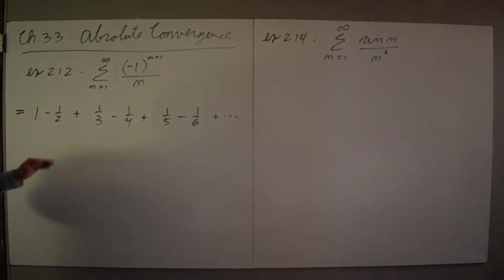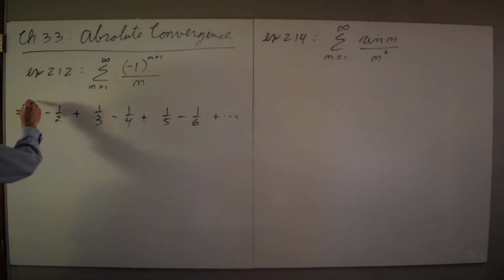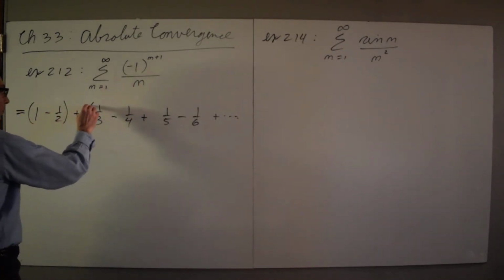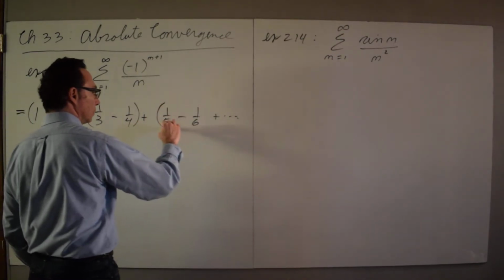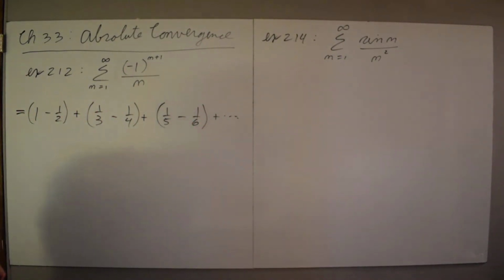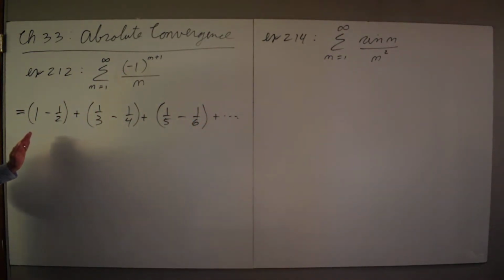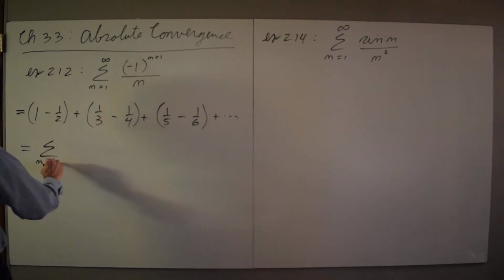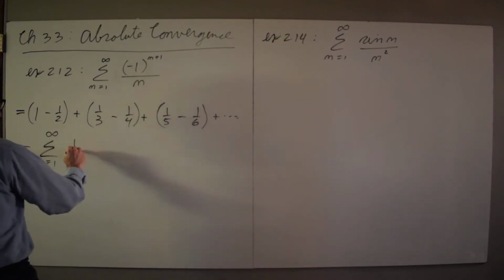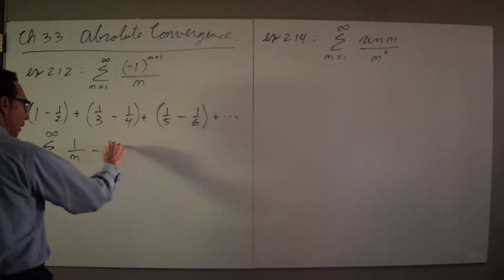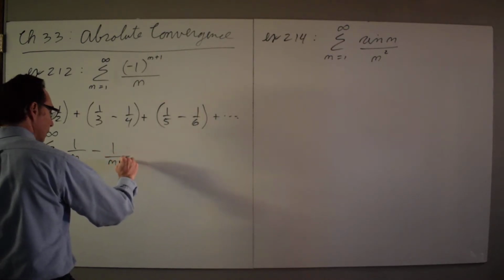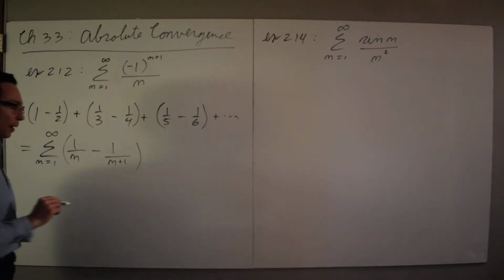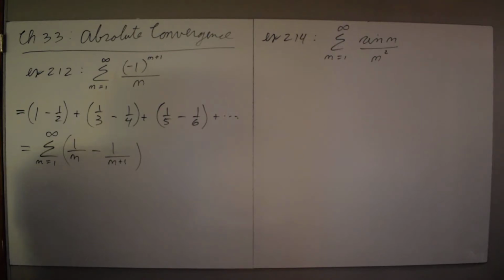Now, if we group the terms in pairs, like this, we can write this as a series of positive terms. We can write this as the series n equal 1 to infinity of 1 divided by n minus 1 divided by n plus 1.